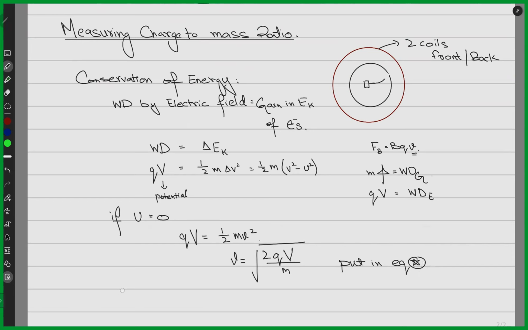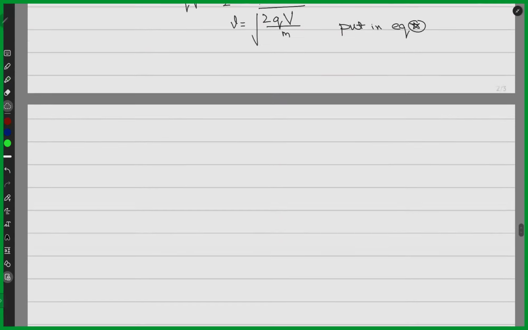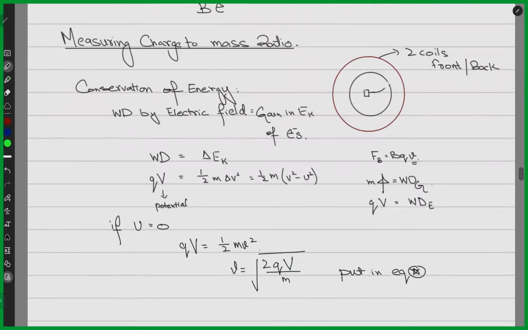Actually, let's do it on the other page. So let's borrow this expression for velocity over here. This is the expression for velocity, the expression for charge to mass ratio. Let's go back up here.